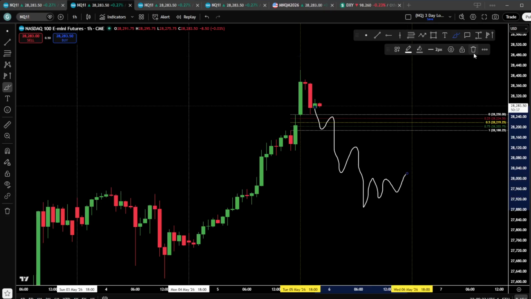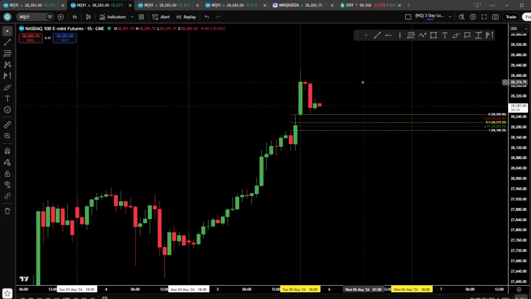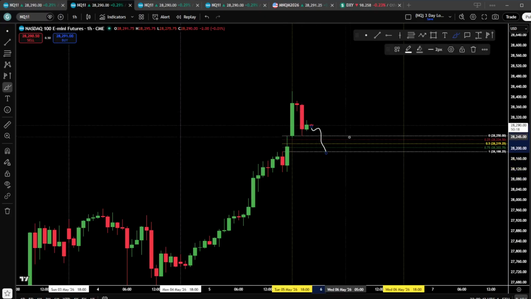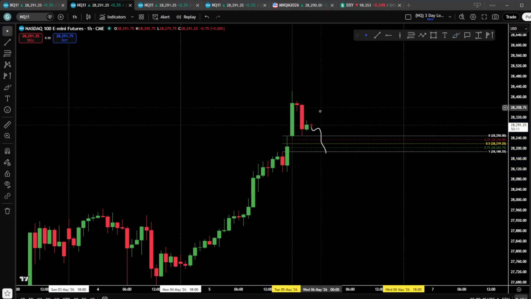That's in relation to this PD array, if they ever get traded to, and if not, there's this one here. If price simply revisits the fair value gap, it has a volume imbalance, has a new day opening gap through these levels, is backed by an order block, is below the daily open, and price trades into it and then rejects, this can be enough to create the low of day.